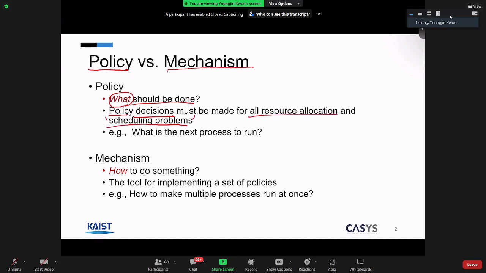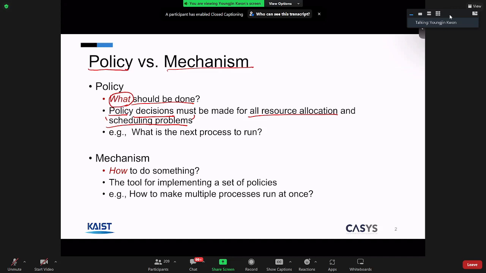So policy and mechanism are design terms that closely have to do with the scheduler. The scheduler is the thing that contains policy and mechanism. You can actually disentangle scheduler design into a policy part and a mechanism part. That is the reason I bring up these two high-level design terms.